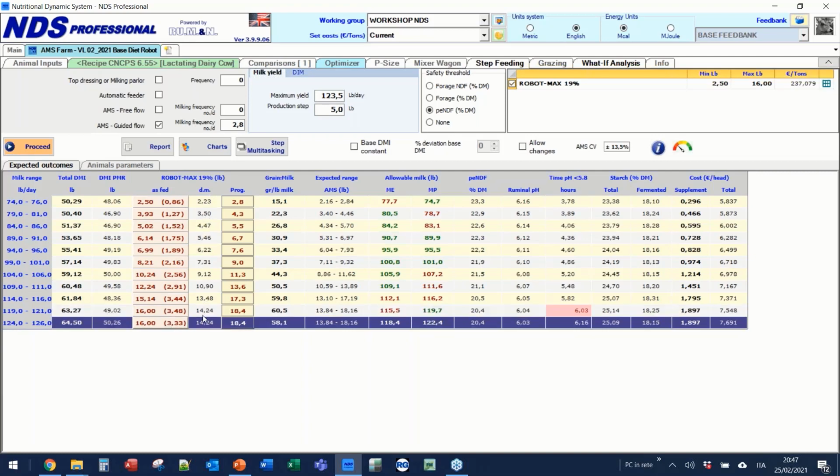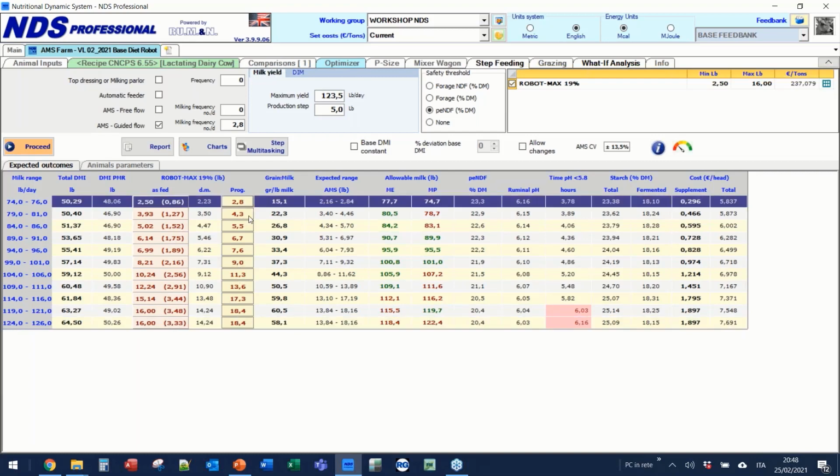The dry matter for the robot pellet, and in the yellow column you can see the programmed amount you should set in the robot software. What I mean is that we know there is some kind of refusal, and this refused amount is based on the total amount we offer.